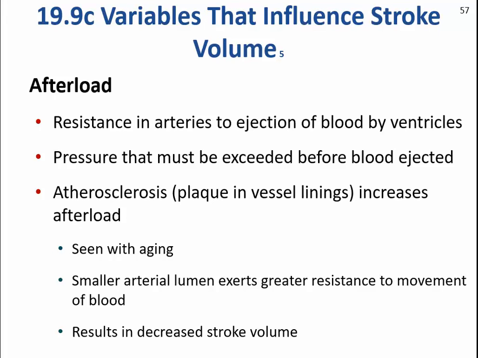What happens with afterload is that it increases end systolic volume and therefore decreases stroke volume. Somebody that's hypertensive, their heart has to work harder, it needs more contractility because there's more afterload. You lower your blood pressure, afterload goes down, stroke volume goes up, heart doesn't have to work as hard.